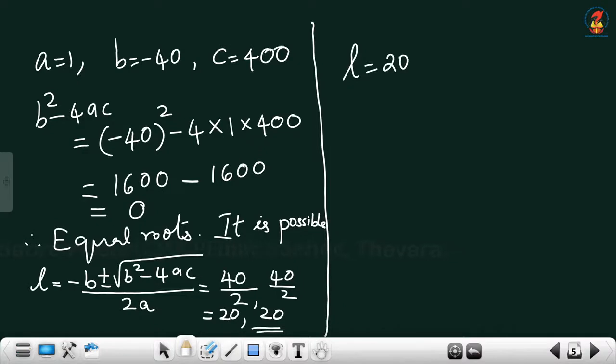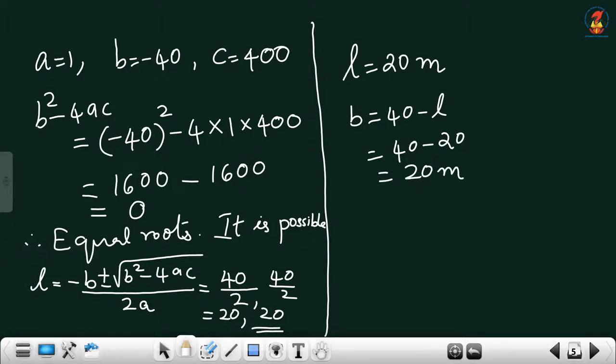And breadth we can find as 40 minus L. So, it is equal to 40 minus 20, that is again equal to 20 meter. So, therefore, the length is equal to 20 meter and the breadth is equal to 20 meter.